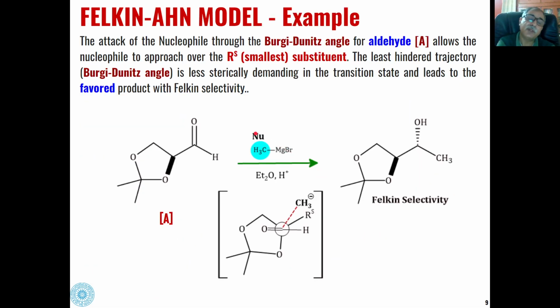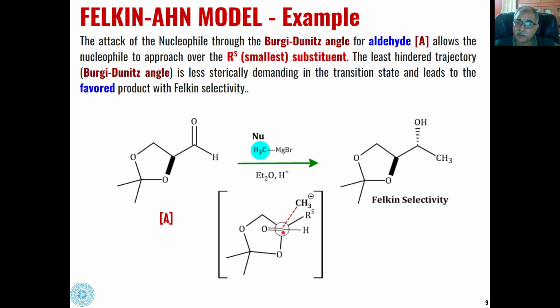So for example, if we take this aldehyde, you can see here the smallest group is hydrogen. If we have a Grignard reaction with this aldehyde, the nucleophile in methyl magnesium bromide will be the methyl group.